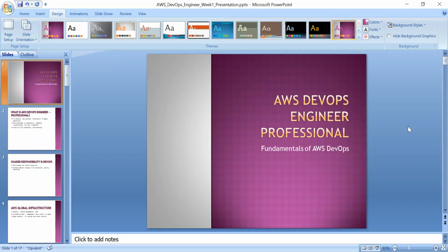So if someone wants to pursue this certification, the AWS DevOps Engineer Professional Certification, you need at least 2 years of experience in cloud computing and DevOps, and you should also pass the prerequisite exams.